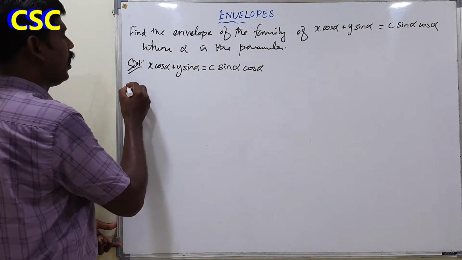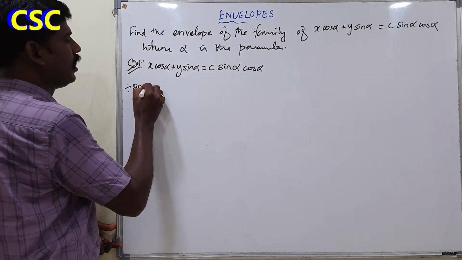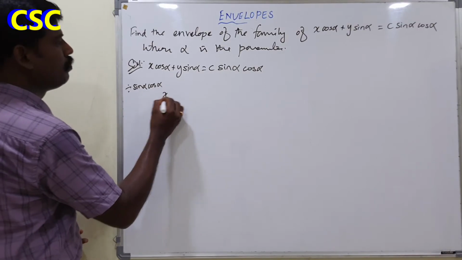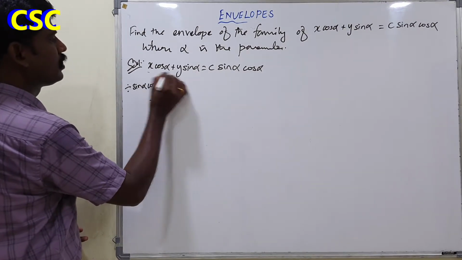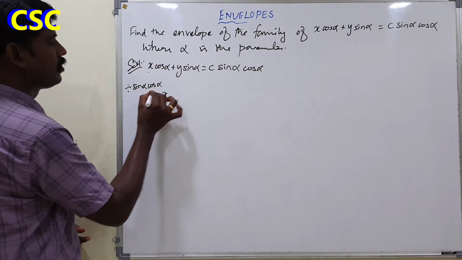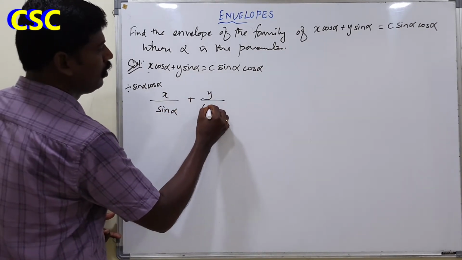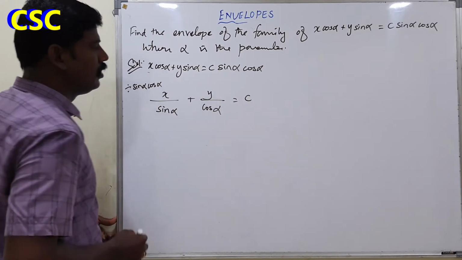Right? So I am going to divide it by sin alpha cos alpha to make the right hand side constant. Okay, so x divided by sin alpha cos alpha, the cos alpha is cancelled, so remaining will be x by sin alpha plus y by cos alpha equal to c, isn't it?